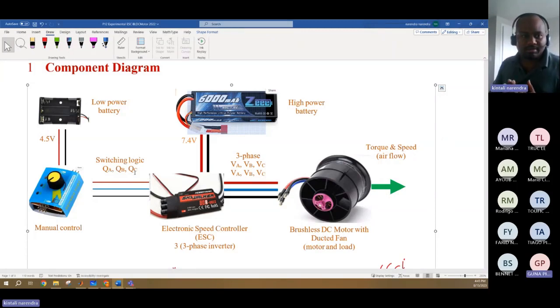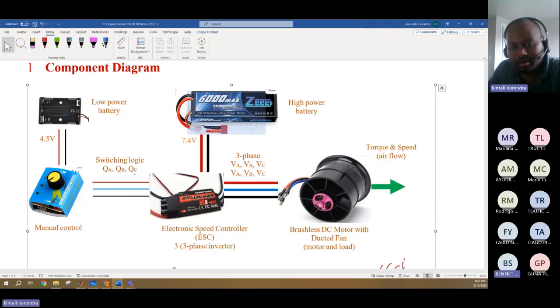It's the same RMF, rotating magnetic field, in a brushless DC motor. We just lose the commutator and brushes.